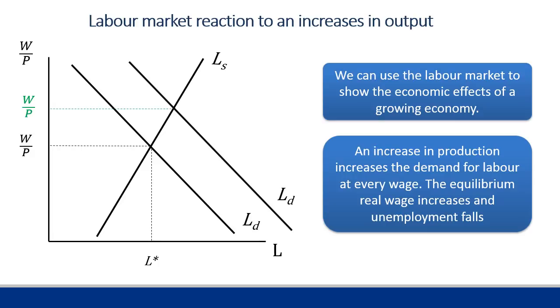In the labour market, this has the effect of putting upward pressure on the real wage, and we see that that real wage exists at a higher level of equilibrium output now as well. So effectively, we see that for a growing economy, the level of labour in the economy will increase and unemployment will fall.